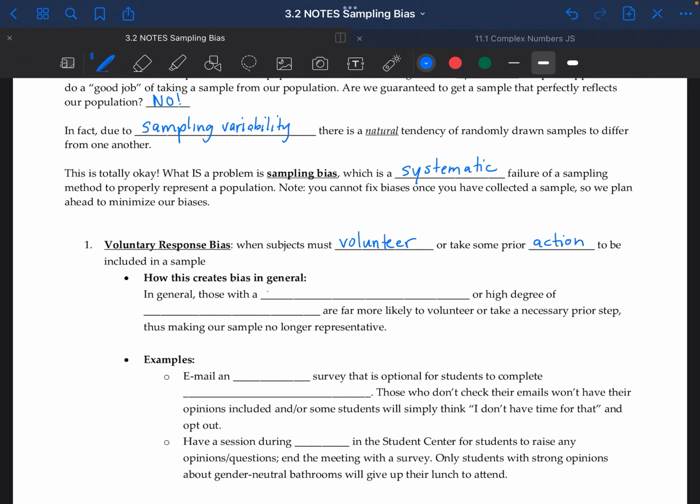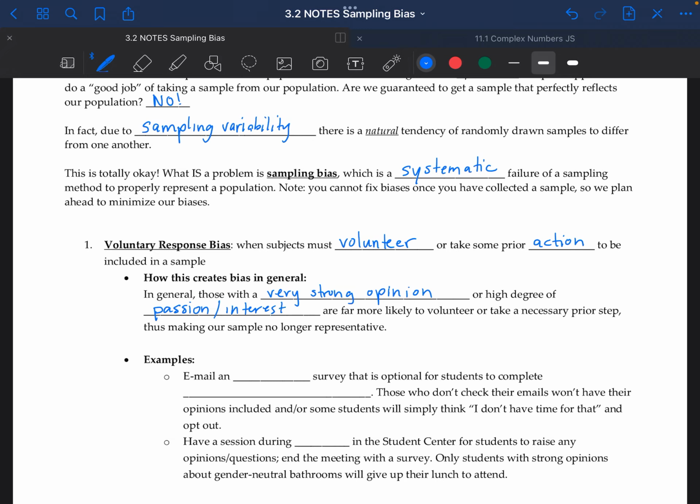All right, so in general, with these sorts of things, what we find out is people with really strong opinions are more likely to respond to these. We also can see that if they have high passion or interest in the topic, they're going to be more likely to respond.